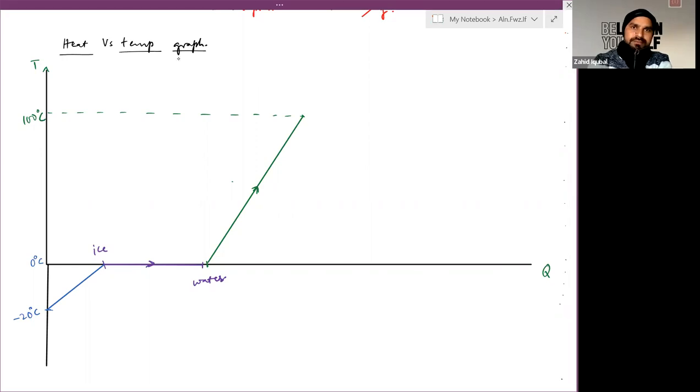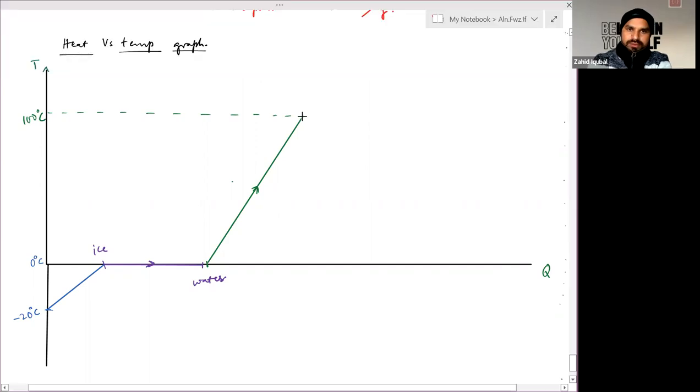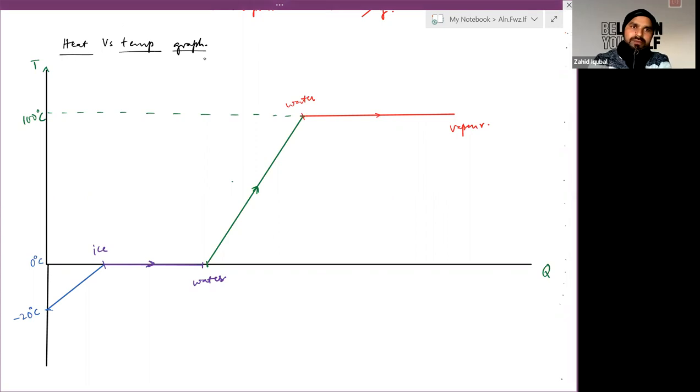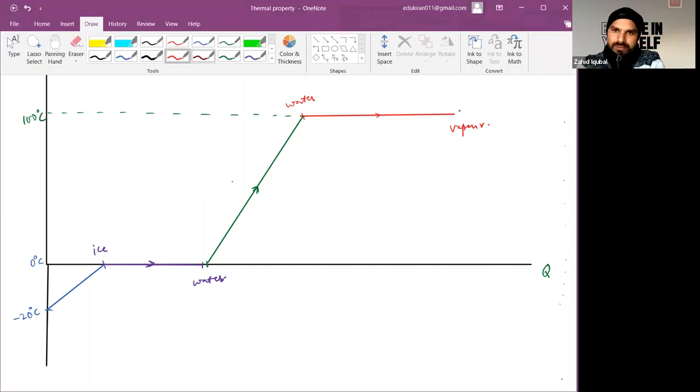On further giving heat, the state of water will start changing from water into vapor till this point. So initially it was water and now converted into vapor. So this is heat supplied or rejected to change state from water to vapor.